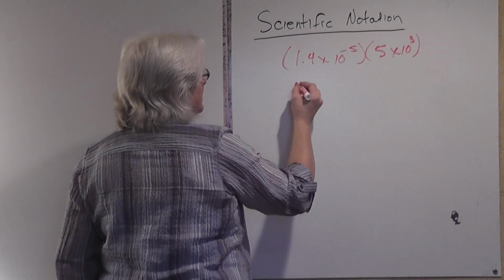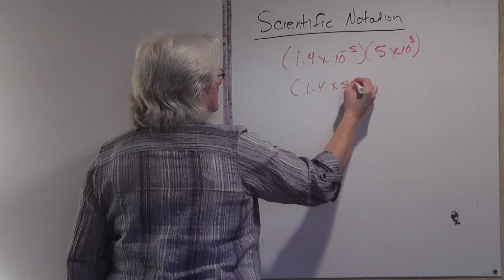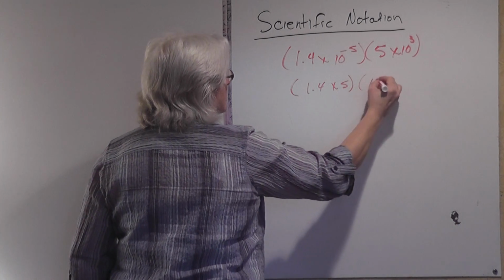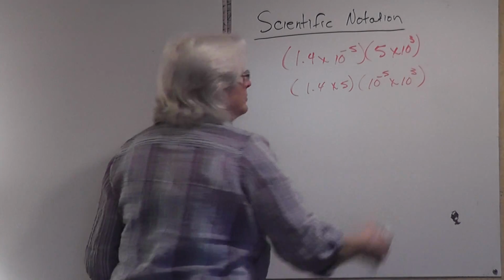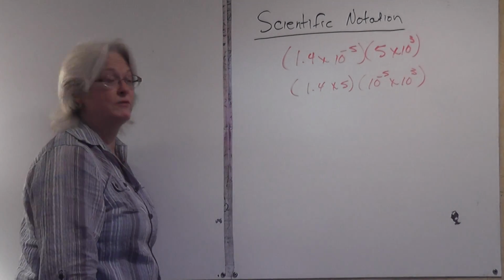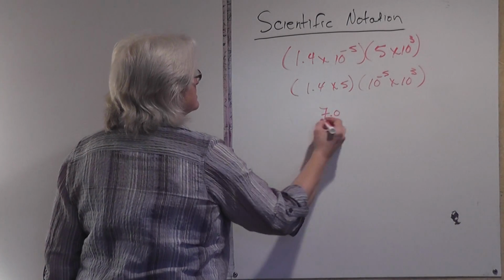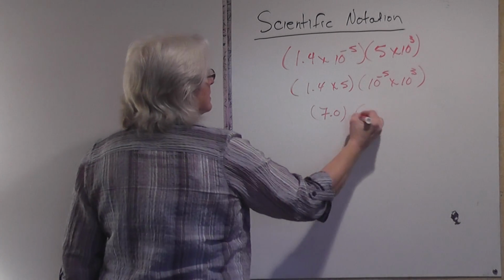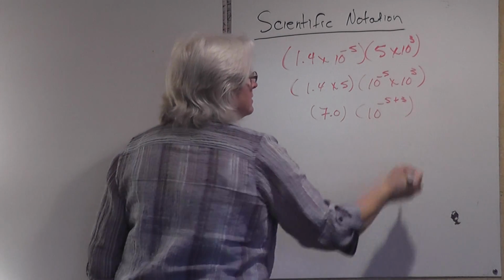Just going to regroup our non-powers of 10 together, times 5 times 10 to the negative 5 times 10 cubed. Okay, what is 1.4 times 5? That's 7.0 times 10 to the negative 5 plus 3.